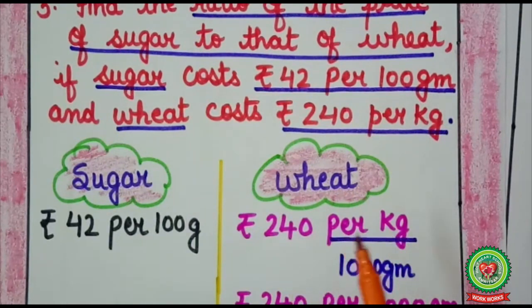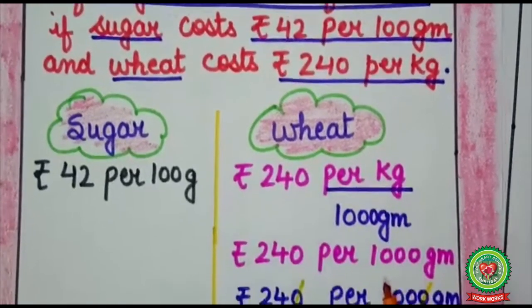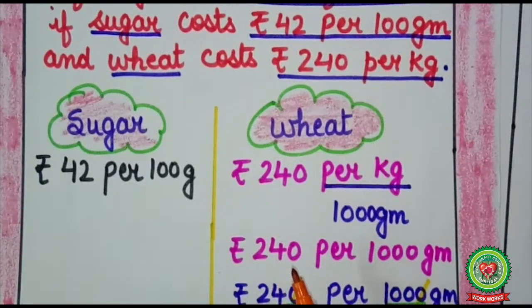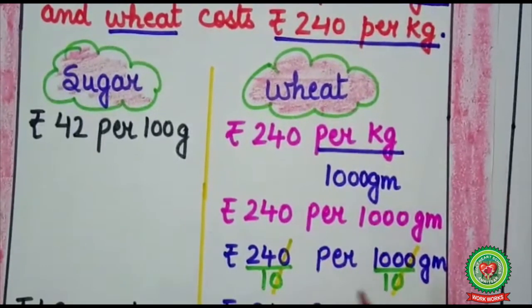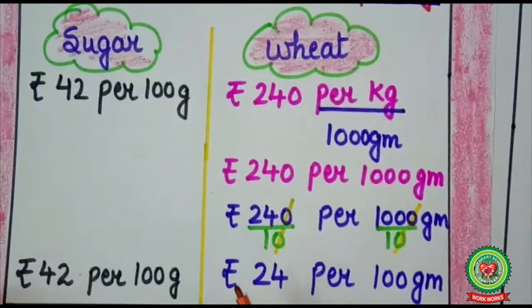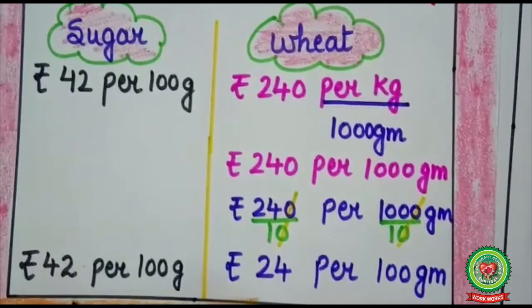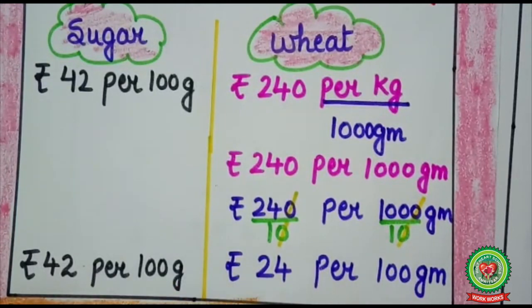As you know, per kilogram means 1 kilogram and 1 kilogram equals 1000 grams. So here rupees 240 per 1000 grams. Here we will divide both sides by 10 to change 1000 into 100 grams. So here it will come 0 cut 0, 0 cut 0. So what we will write here? Rupees 24 per 100 grams. Now as you can see, both sides now have the same units.